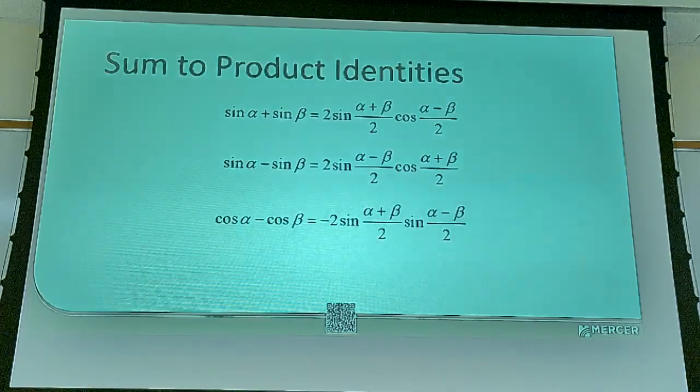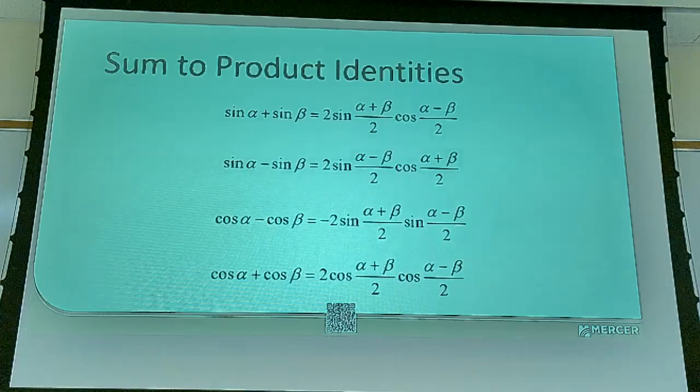Nope, okay, that does belong there. And then cosine alpha plus cosine beta is 2 cosine of alpha plus beta over 2 times cosine of alpha minus beta over 2.